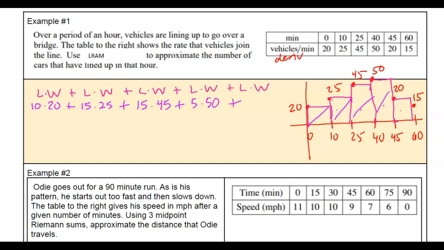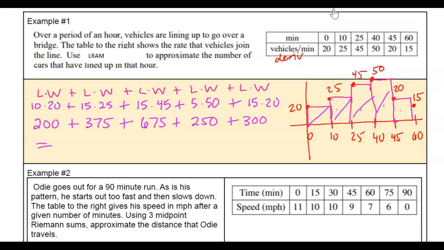And then my last one is 15 apart, and its height is 20. So as long as you know which value you're using, you don't really need to draw the picture. But you will go ahead and add these up after we multiply. 15 times 25. It's been a while since I've done that. 300. And so then we would add those all up.